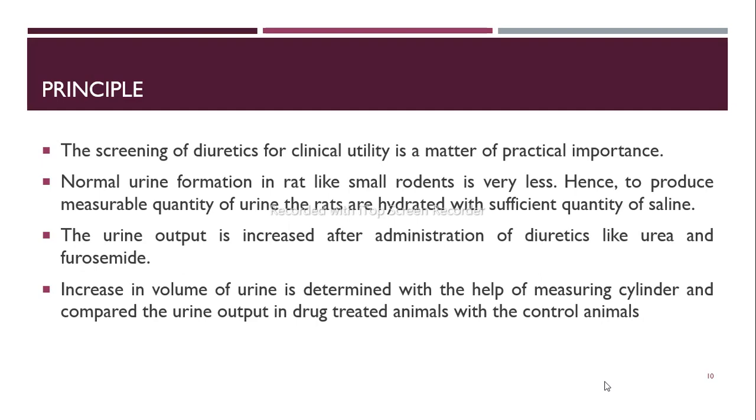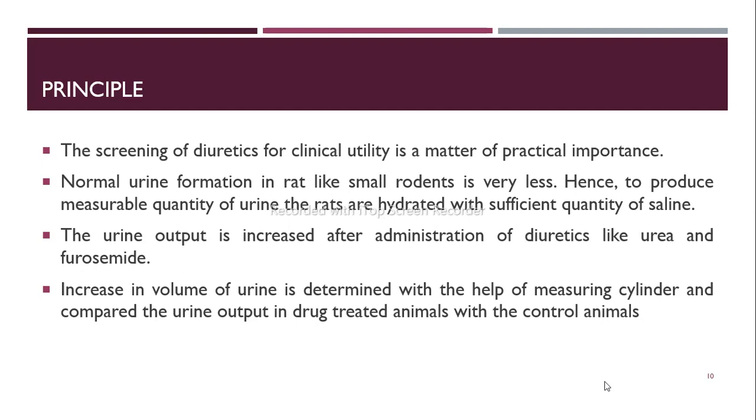Okay, so the urine output is increased after administration of diuretics like urea and furosemide. This increase in the volume of urine is determined with the help of a simple measuring cylinder, and we have to compare the urine output in drug treated animals with the control animals. In control animals, we are not giving any kind of drug, so we compare the urine output of the control animals with that of the drug treated animals.